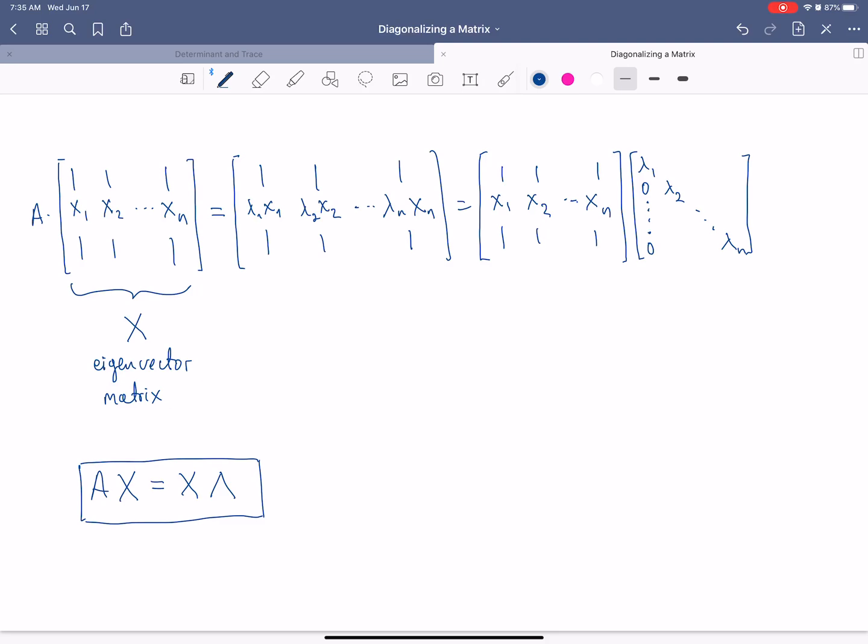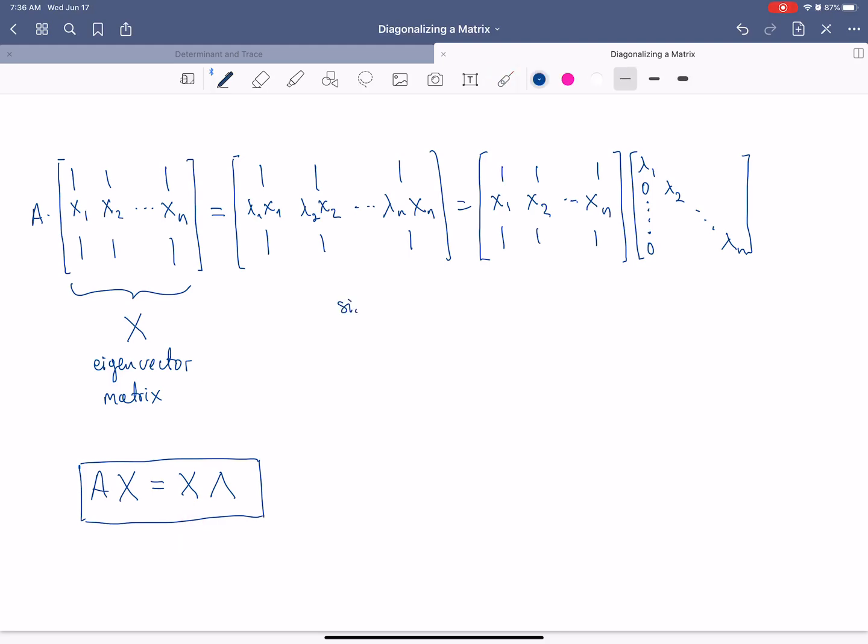Now, you can write this even if your vectors x1 through xn are not linearly independent. The key to linear independence is that if the vectors x1 through xn are linearly independent, then the matrix X is invertible.